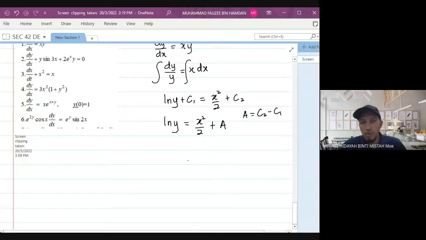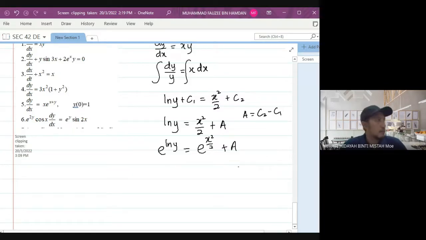How do we remove ln? Take an exponent. Take an exponent on both sides. Okay, so we have e to the power of ln y equal to e to the power of x squared over 2 plus a.